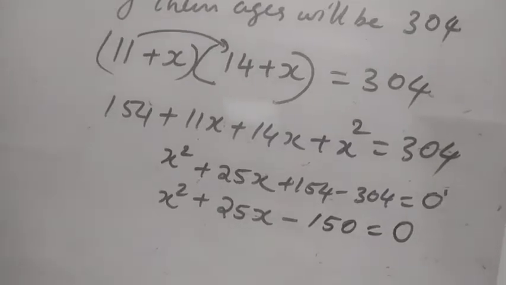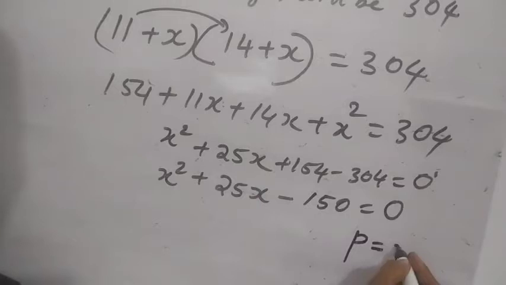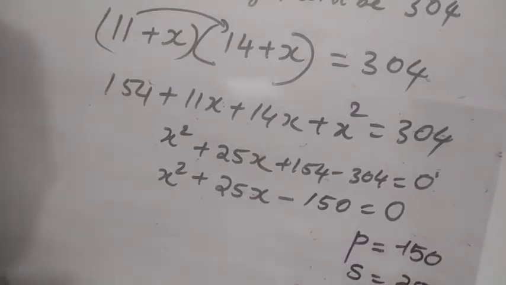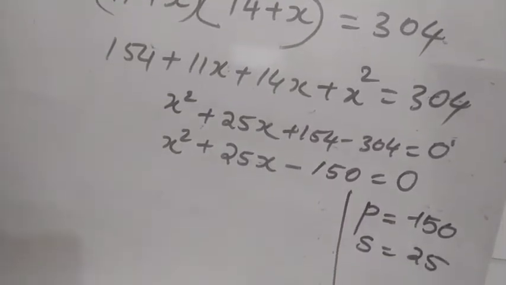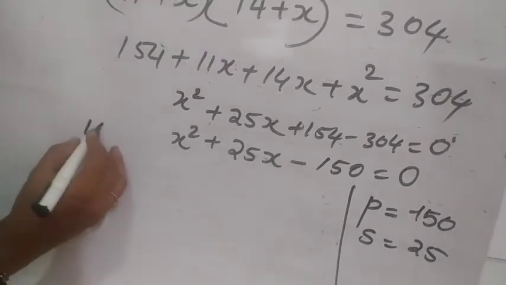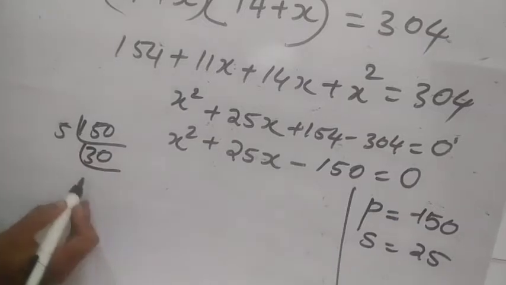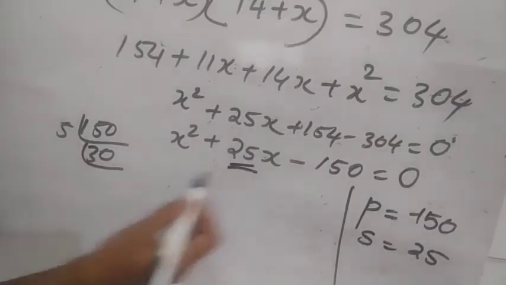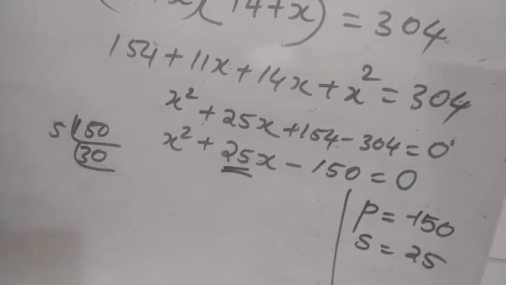Let us factorize this. We have to find two numbers whose product is minus 150 and whose difference is 25. Look at this number 25. It's the difference of 30 and 5, and 30 into 5 is 150.